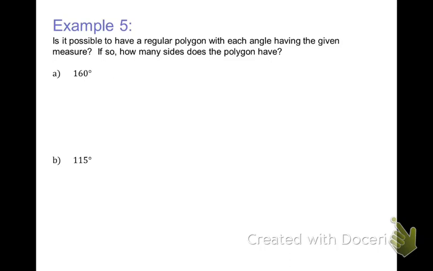Interior. Yeah, you would assume interior if I don't say specifically one way or the other. Exterior, if I want you to look at an exterior angle, that's when I will specifically say the word exterior. But if I leave off interior versus exterior, just assume interior. All right? So that 160 and 115, you're assuming that I'm meaning the interior angle measures.